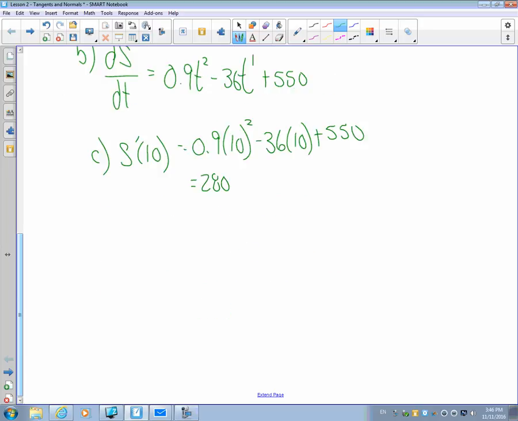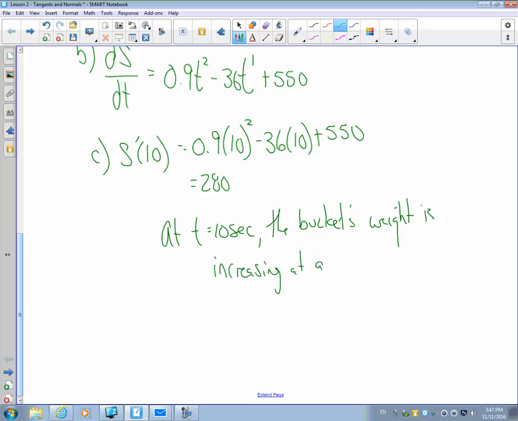Well, that means in the 10th second, so at t equals 10 seconds, the bucket's weight is increasing. It's increasing, that's a positive, at a rate, that's what derivative is all about, of 280 grams per, I think it's in seconds, right? So grams per second.